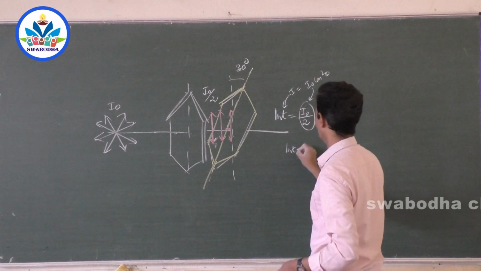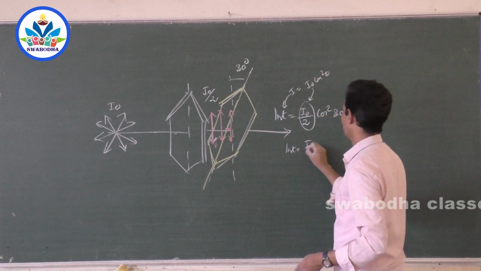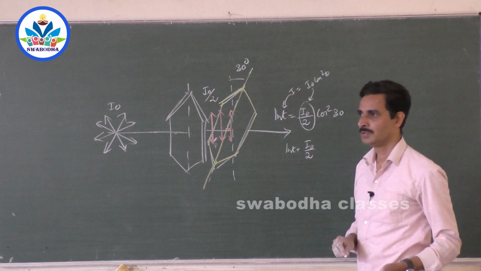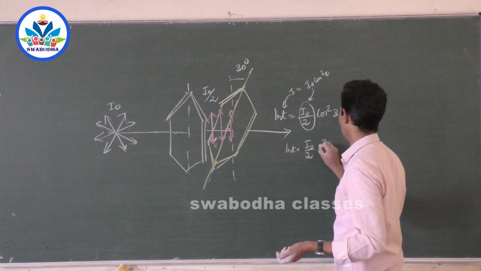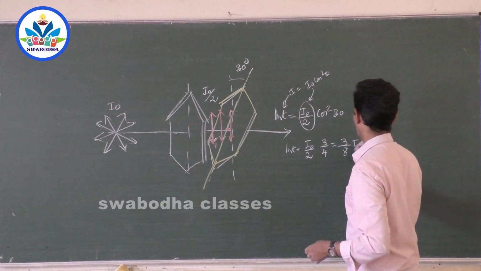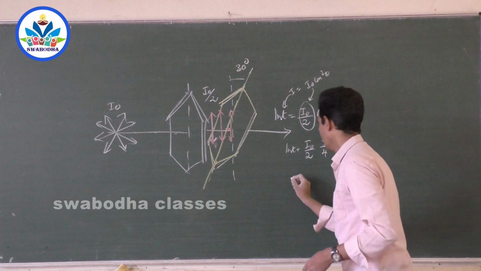So the intensity of the outcoming light is I naught by 2 times cos squared 30, where cos 30 is root 3 by 2, so that is 3 by 4. It is 3 by 8 of I naught. What is 3 by 8 of I naught?